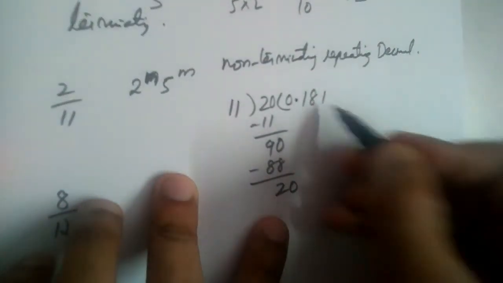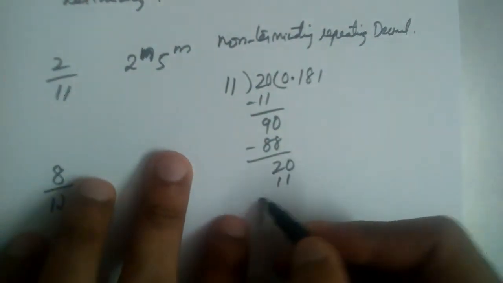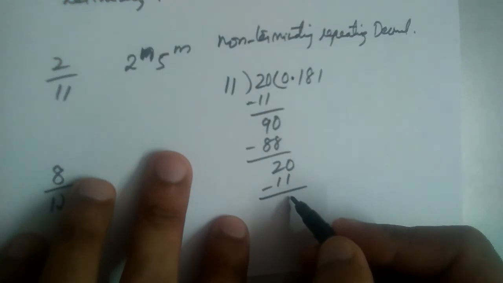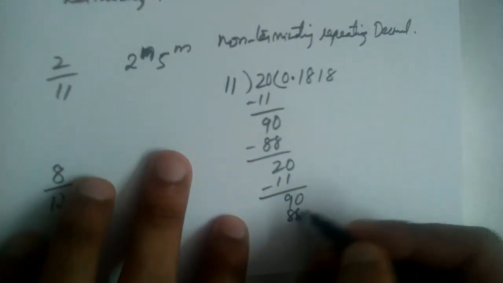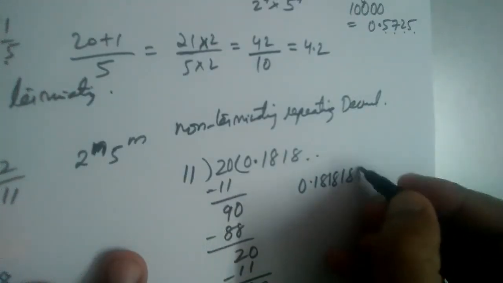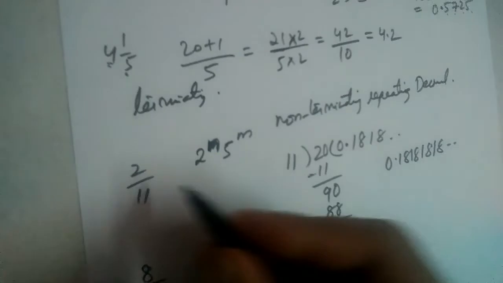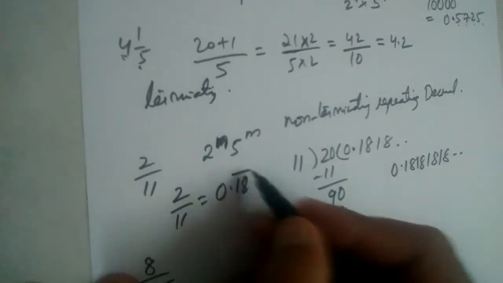Then same thing will repeat again, isn't it? 20, right? 1s, this is 90 again. Okay, so 8s are 88, so it will keep on repeating, right? So 0.18181818 and so on. So what is the decimal expansion of 2 by 11? 0.18 bar. 18 is repeating, isn't it?